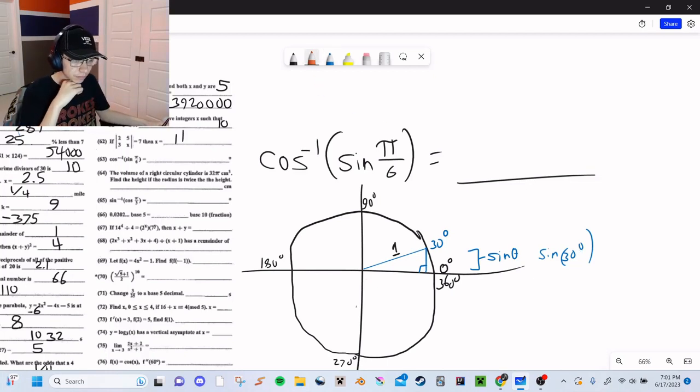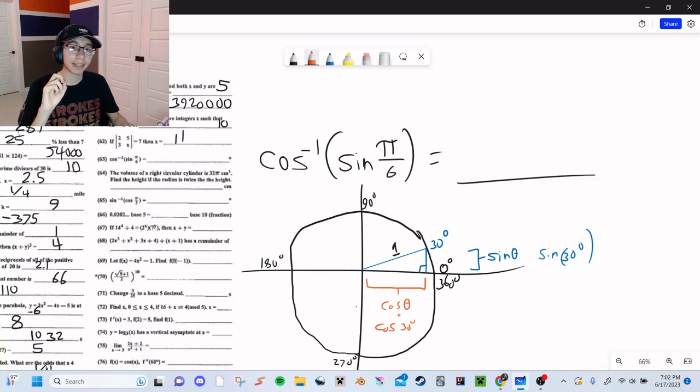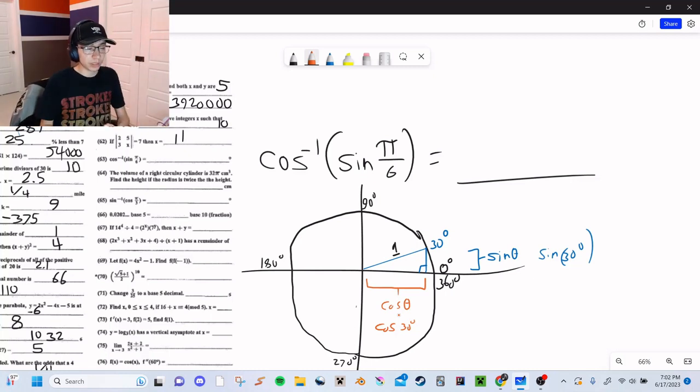Cosine theta represents the leg of that triangle, this horizontal component. So in this case, cosine 30. And there's specific values you gotta know. So the best way to learn it is to memorize it.